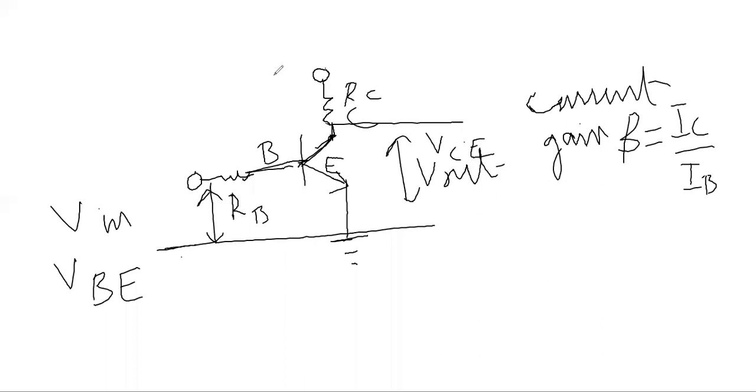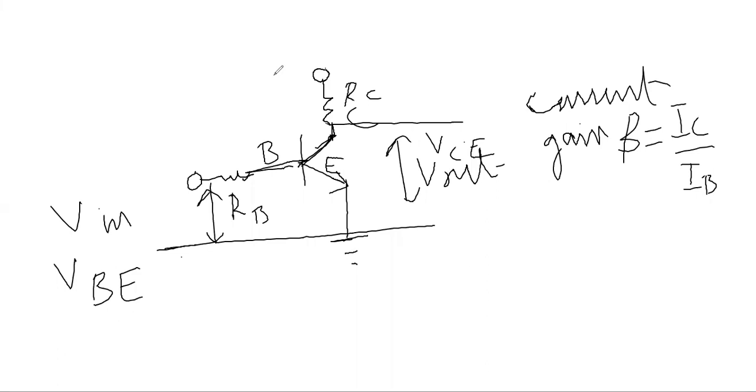The base current is the input current that we give, and we get an output current IC. How many times IC is greater than IB is known as current gain. Transistor is used as an amplifier, meaning to increase the amplitude, the strength, of a signal.